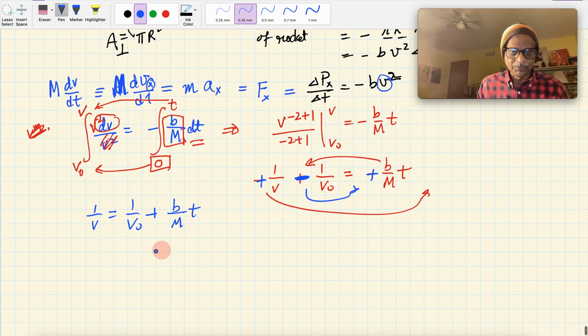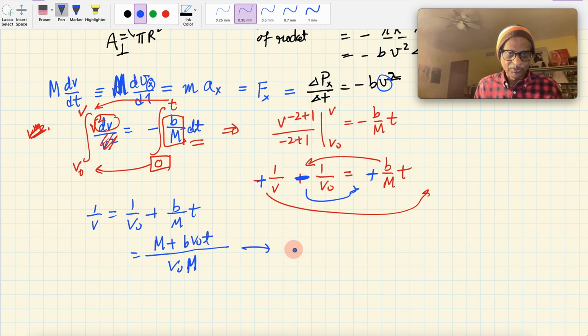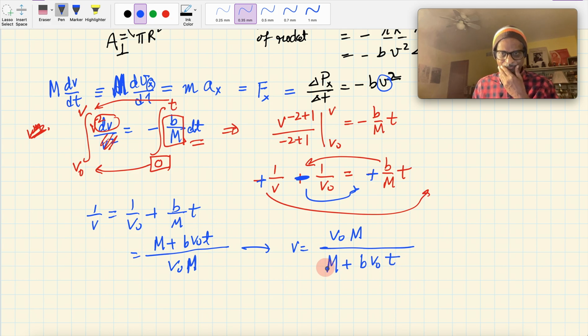So I can write v0 M plus b v0 t, and so v equals v0 M over M plus b v0 t.